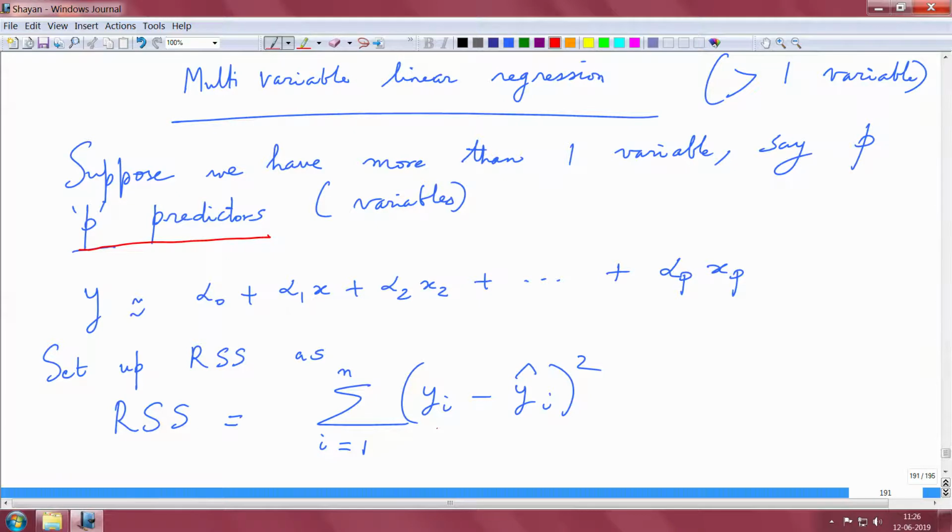For every observation that I have, which is yi, I have a corresponding estimate. This is the true observation, this is the model, which is yi hat. I formulate it using the least squares criterion again.